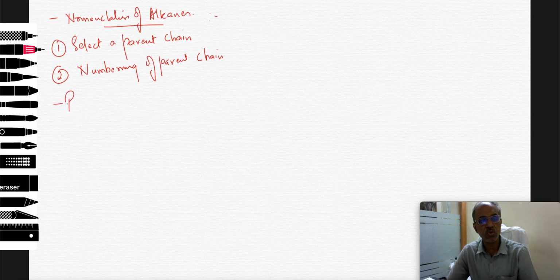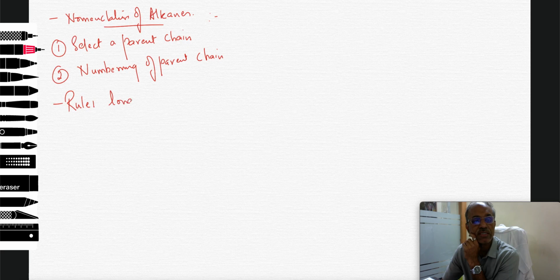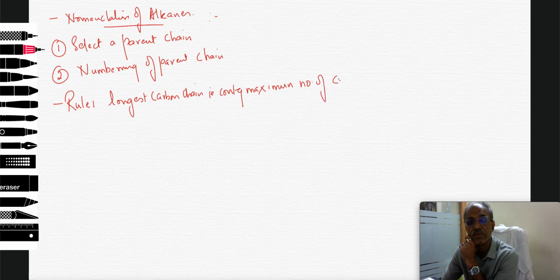First, rule 1 is longest carbon chain. Longest carbon chain that is containing maximum number of carbon atoms.